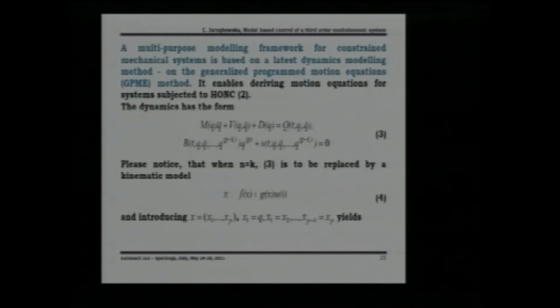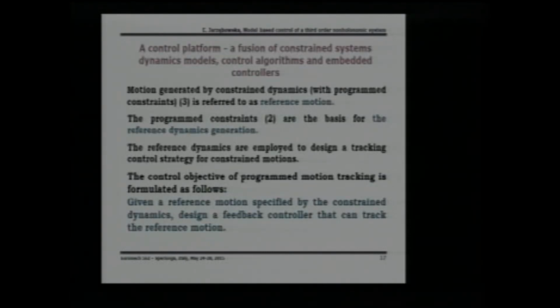So we want to use this. Now, how to, okay, and here is just the transformation to this state space control form. Now, what we want to do, we have these nice equations. We say that this is the reference motion, the motion I want.